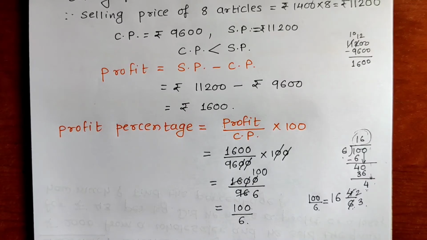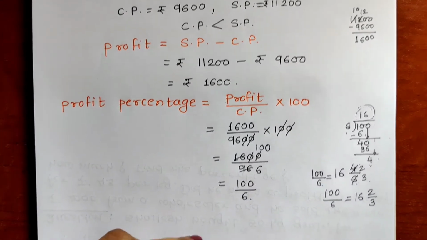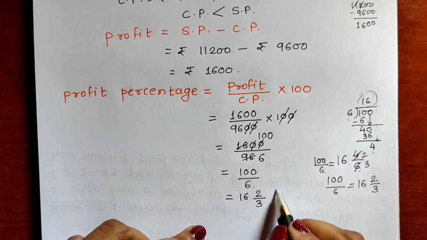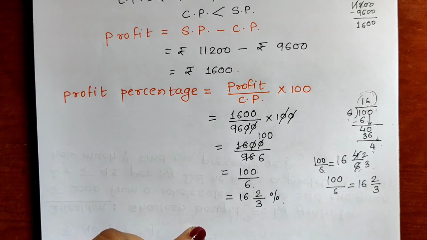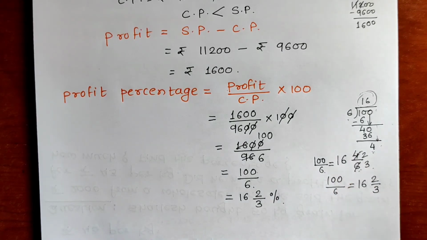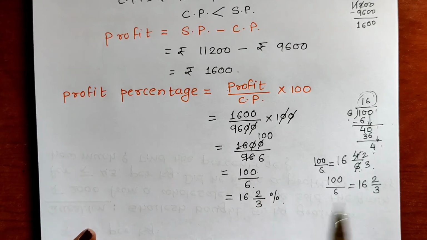So 100 upon 6 will be equal to 16 integer 2 upon 3. So the answer is 16 integer 2 upon 3%. If you want, you can keep it as 16 integer 4 upon 6 also. It is one and the same thing. So the answer is Shubhada made a profit of 16 integer 2 upon 3%.